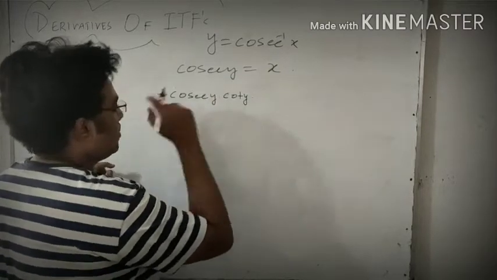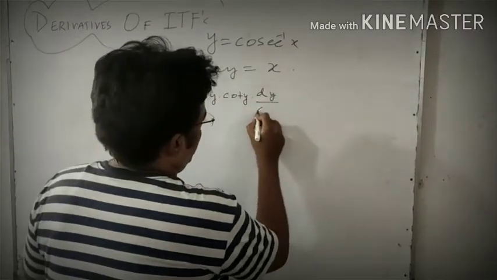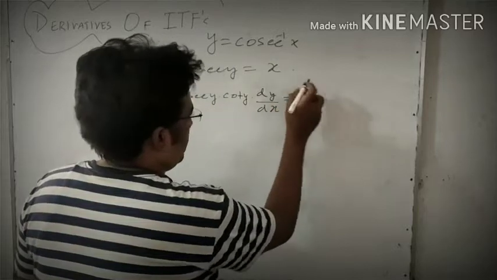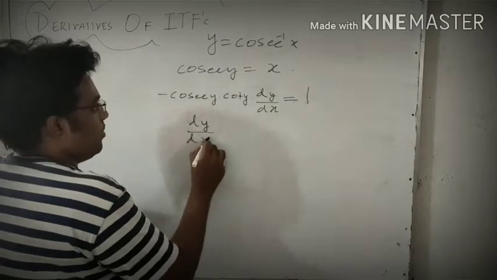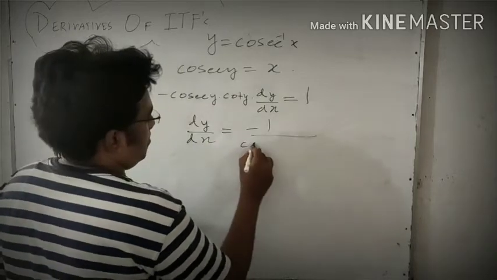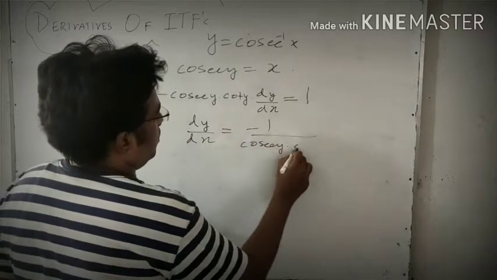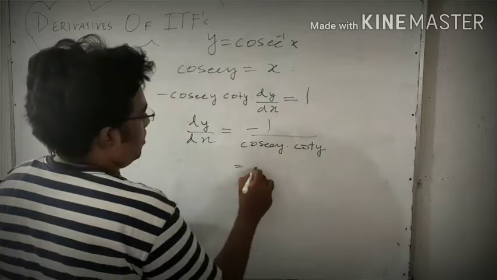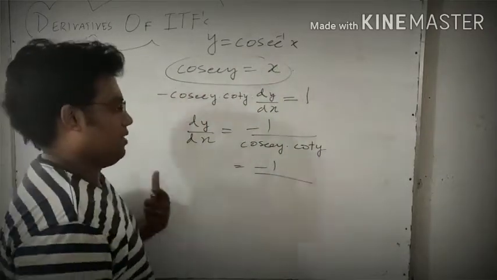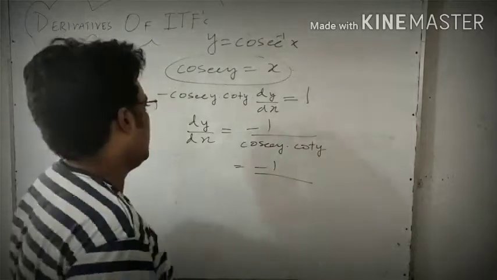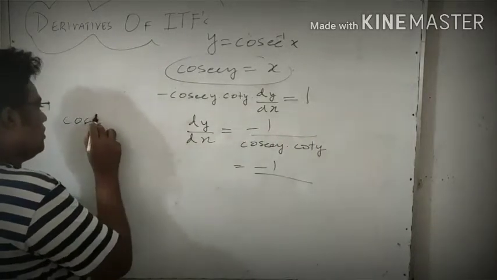Differentiation of x with respect to x is 1. Finally, dy by dx equals minus 1 by cosecant y into cot y. So you have a substitution for cosecant, you don't have a substitution for cot. Therefore, I'll be using this formula.